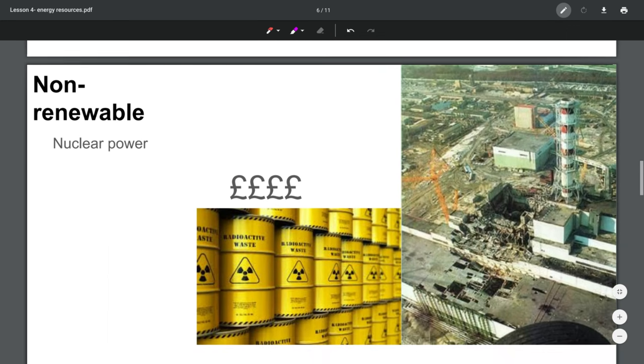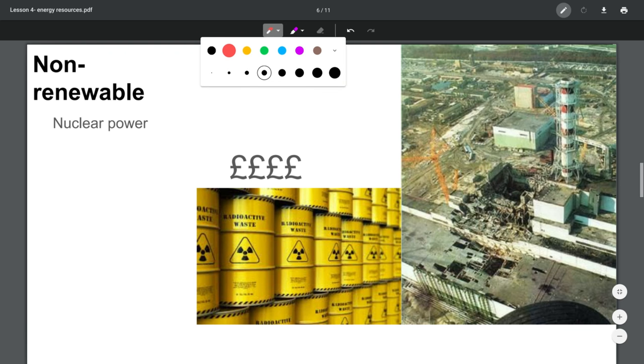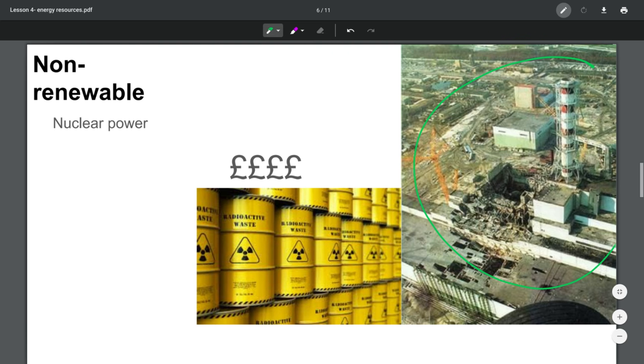Okay, and the last non-renewable one is the nuclear power station. Now, you may have heard of nuclear power as being quite a negative thing because there have been a few big disasters. So this picture here is Chernobyl, which was a big nuclear power plant disaster.